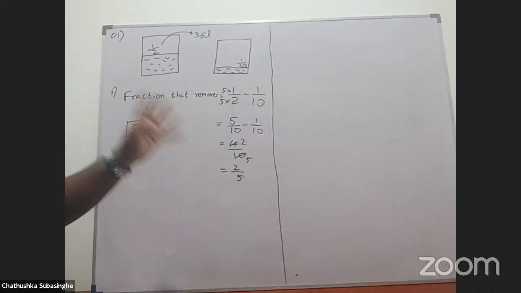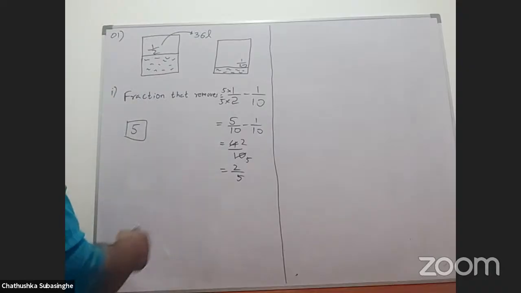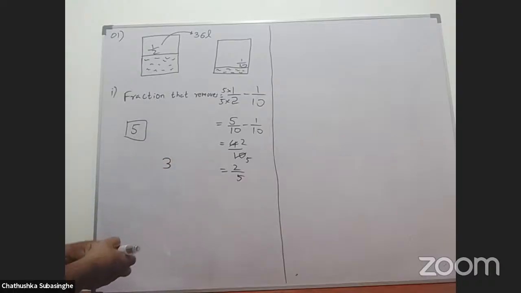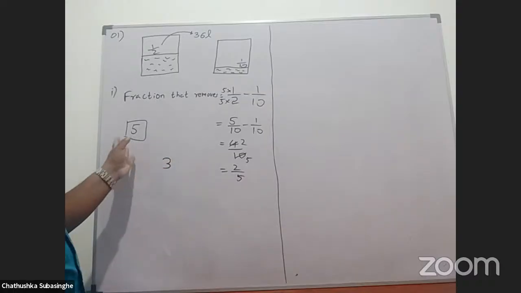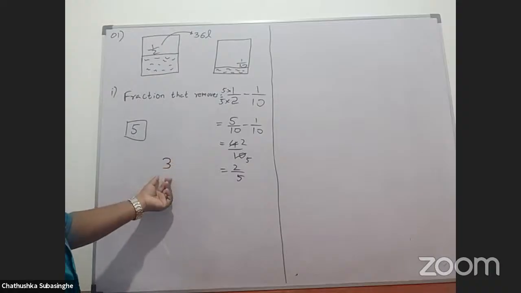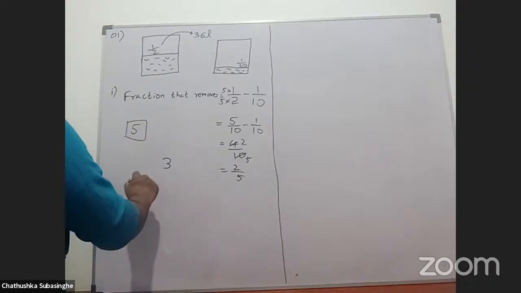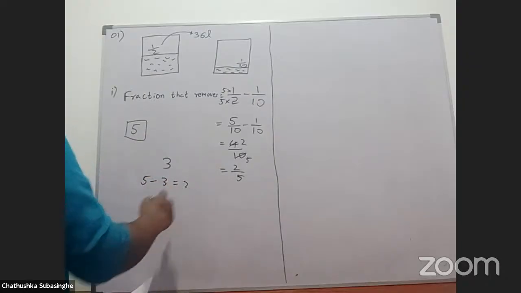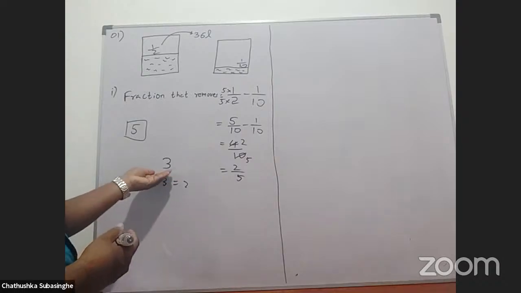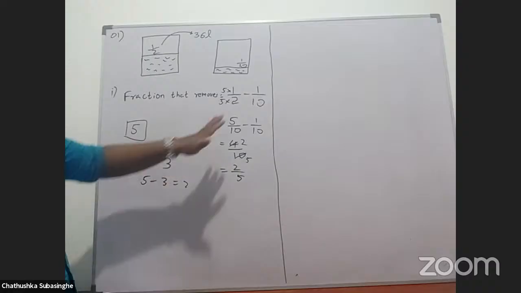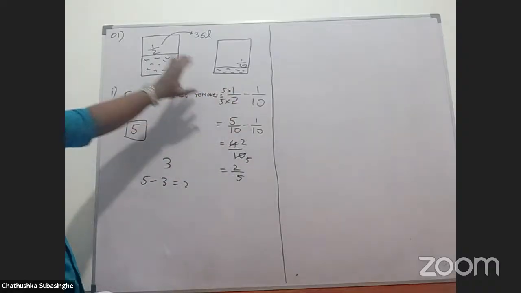But after he takes that, I am left with 3 toffees. So the number of toffees he took, I can find by subtracting 3 from 5, which is 2. If I am left with 3, that means he has taken 2. That's the same thing I did over here.